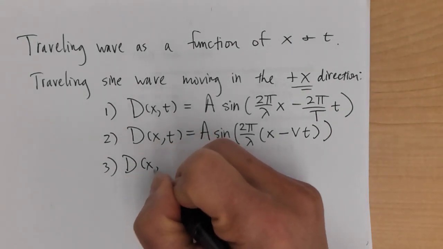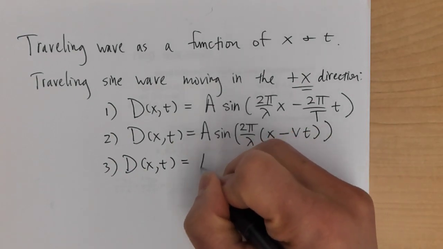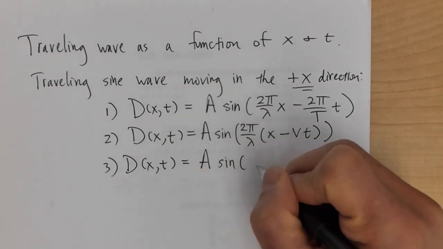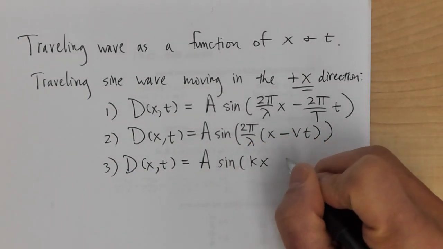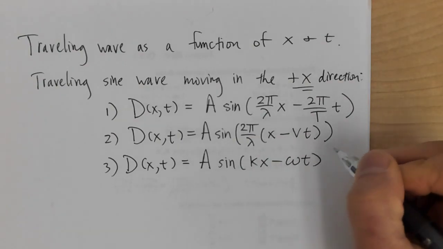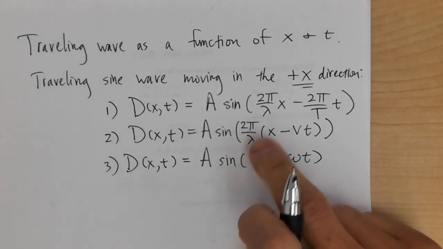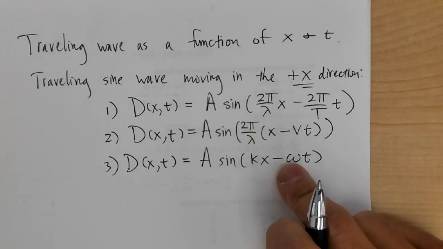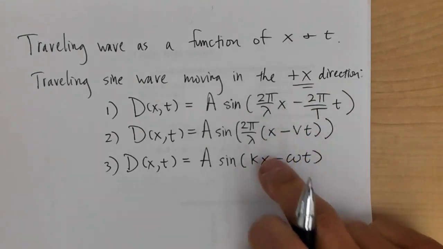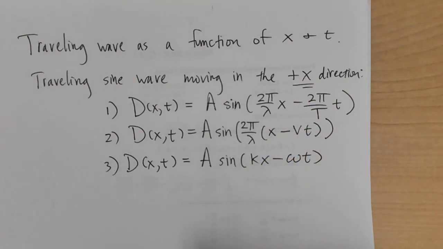I can also write d, which is a function of x and t, as A times the sine of k times x minus omega times t. That's another way of doing it, because k is 2 pi over lambda, and omega is 2 pi over T. So all three of these functions are exactly the same.